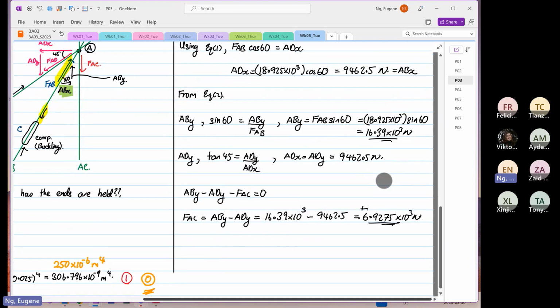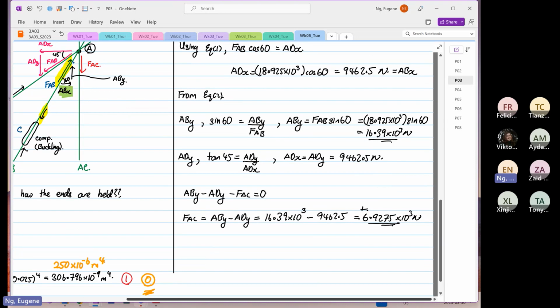Okay, that's your FAC. So by knowing FAC, therefore the mass at point C is equal to 6.9275 times 10 to the power 3 divided by 9.81.